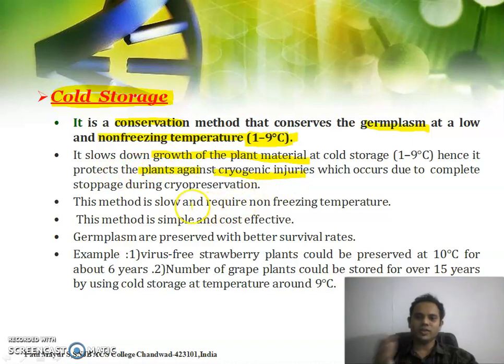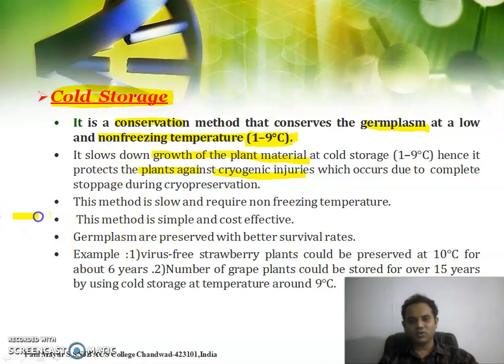So here one advantage over cryopreservation is that in cryopreservation the temperature is very, very low, and because of that, some injuries may occur to the germplasm or a cell or a tissue because of the cryopreservative chemicals which are added there. Those injuries are called cryogenic injuries, which can be avoided in cold storage. So that is one benefit of the cold storage.